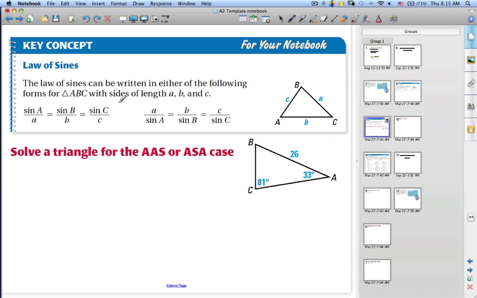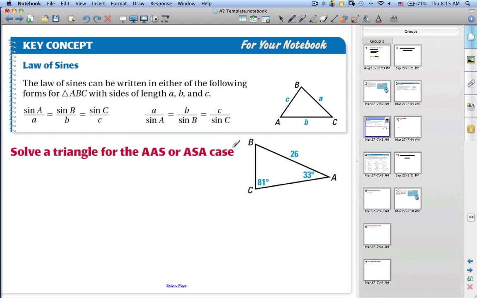I should use whichever one is easiest for solving my problem, but they'll all be equal. So if I have two sides and an angle, or two angles and a side, I can go ahead and solve the rest of the triangle.